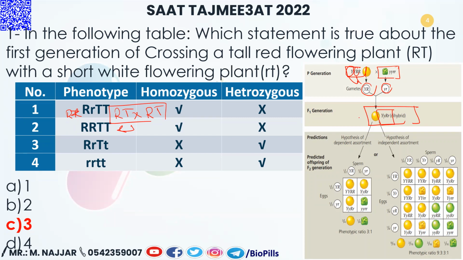And by the way, this is the case in our question, because instead of Y, say T, so we can say R capital T capital, as he mentioned, crossed with R small T small. So all of the first generation will be R capital R small, T capital T small.